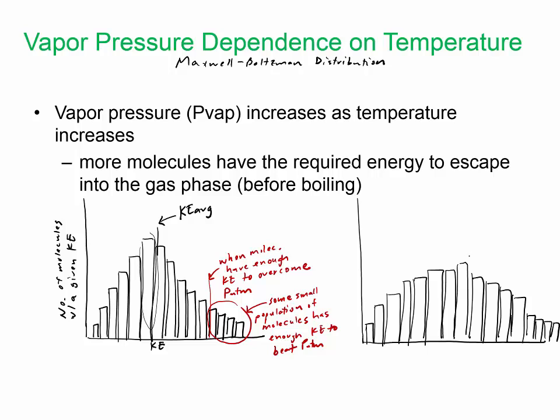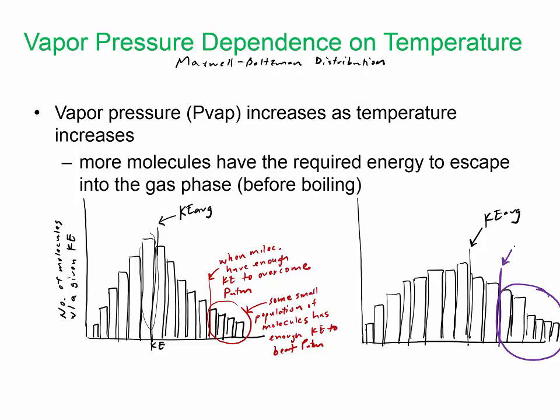So what happened is the average kinetic energy increased, but more importantly, in terms of vapor pressure, which is what we're studying right now, we'll see that the cutoff point remains the same. So this might still be the cutoff point.